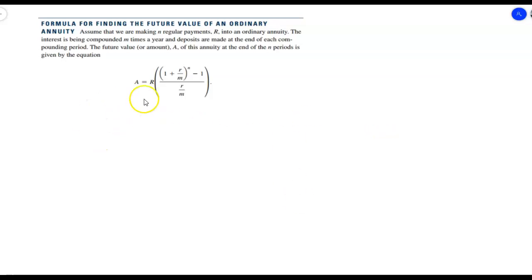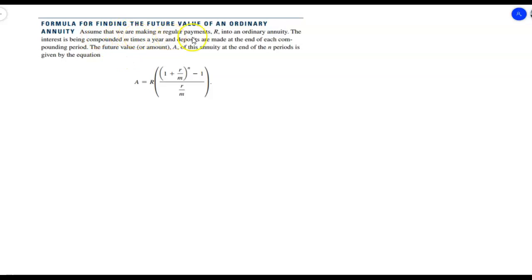And we've got this awesome crazy formula that we're going to break down and show how we find all the values, and put it in our calculator here. This is the formula for finding the future value of an ordinary annuity. Remember, ordinary means that it's done monthly.